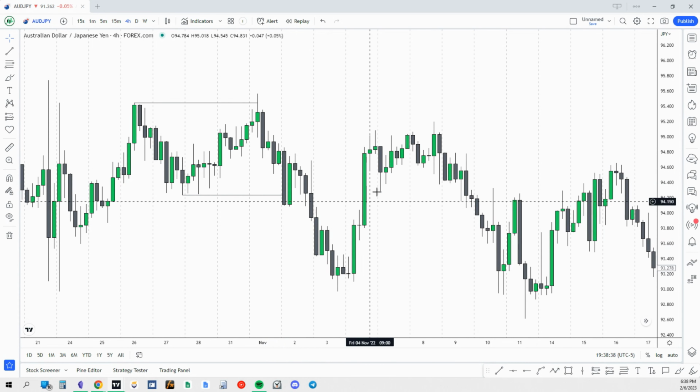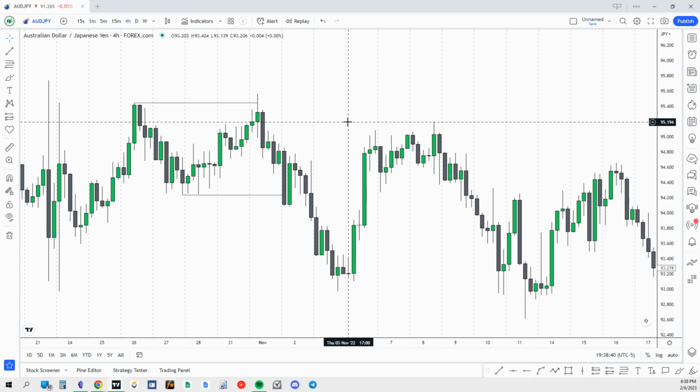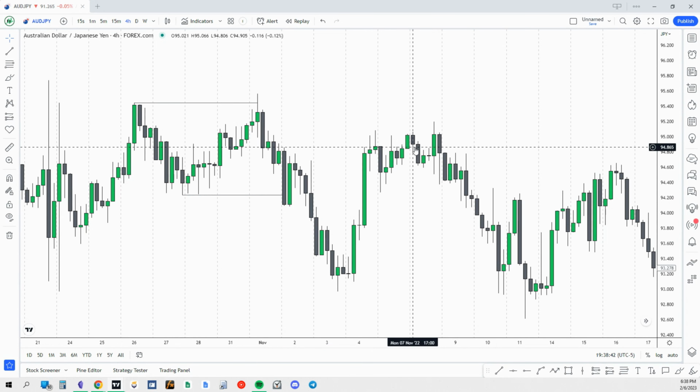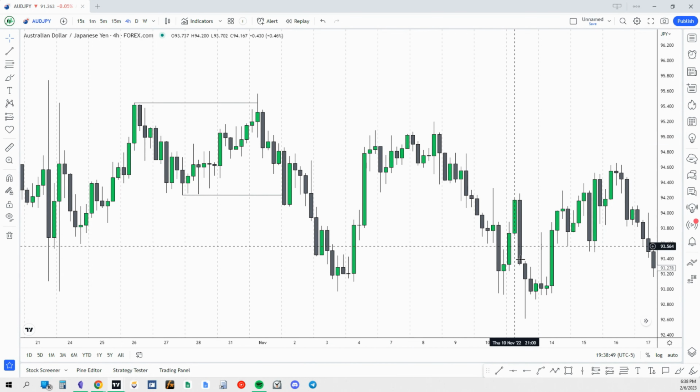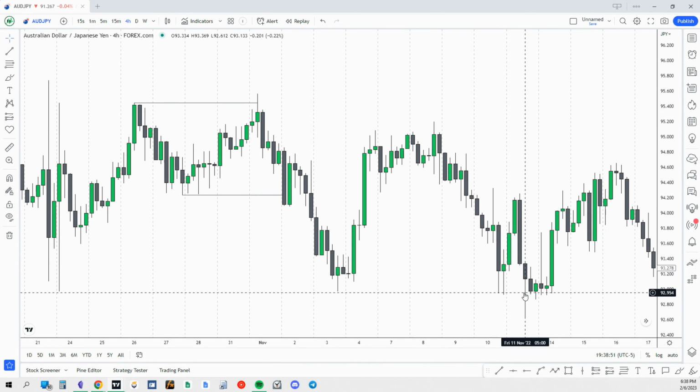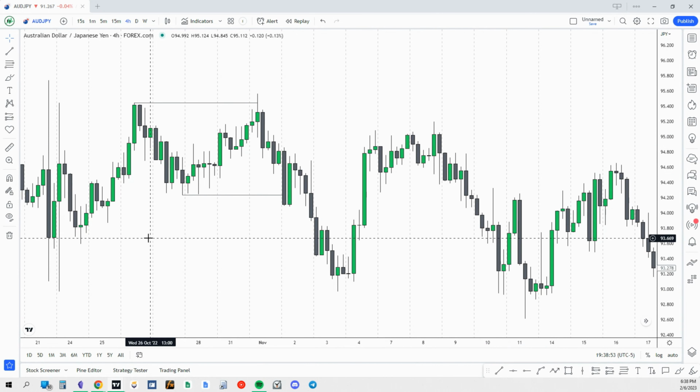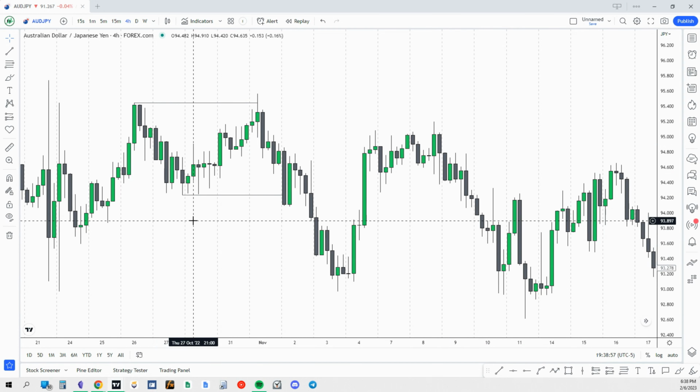But later on, the swing trend came back up into our newly created range here, before continuing to sell off with the newly created trend after this break of structure. So it's very common to see a pullback after a break of structure.